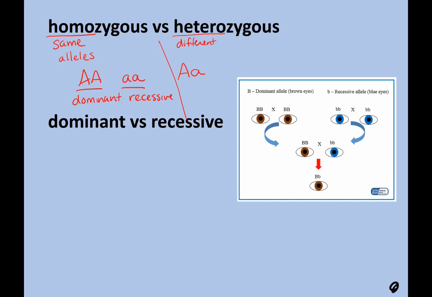We'll talk about genotype, phenotype, I think, in the next slide. But that's telling you also about the alleles, about the letter representation for those genes. Heterozygous always means that the 2 alleles are different.